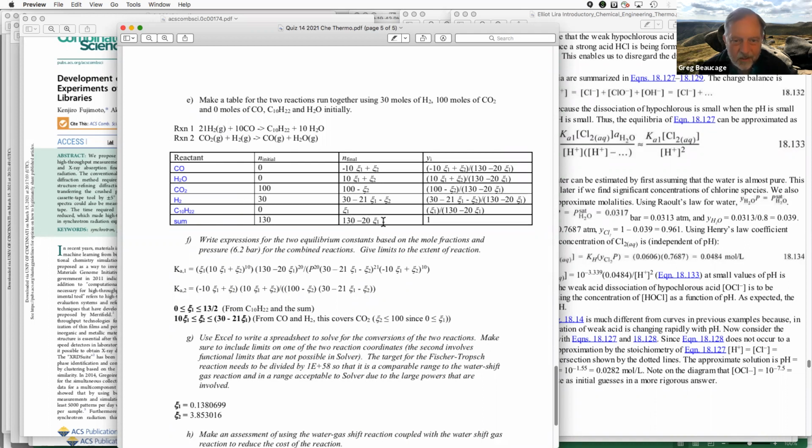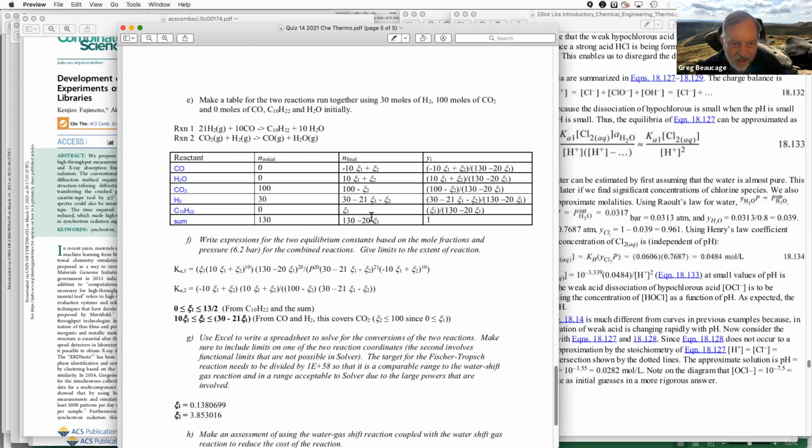If you set these 2 equal, then this reaction coordinate has to be 130 divided by 20, right? It can't be bigger than that because that would make this sum negative, and that can't be negative. So that's where I get the 13 by 2 from that restriction.